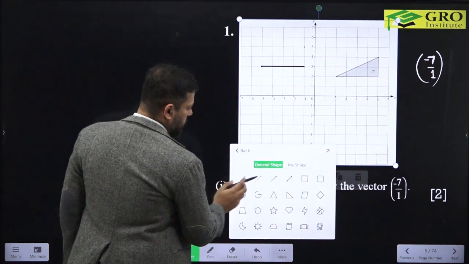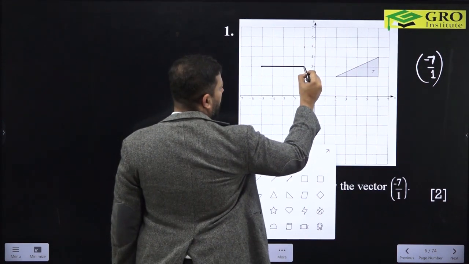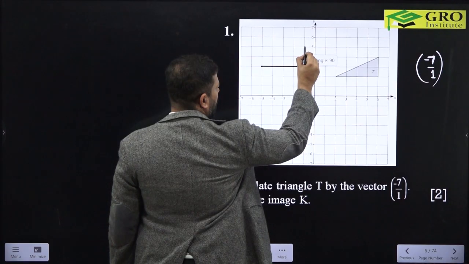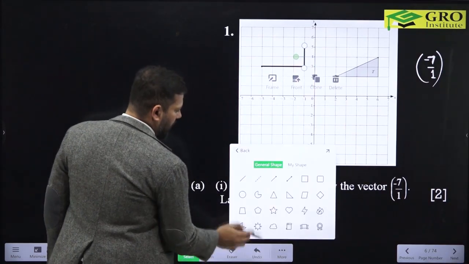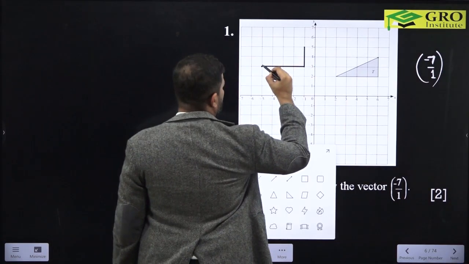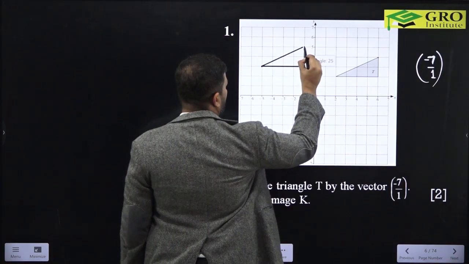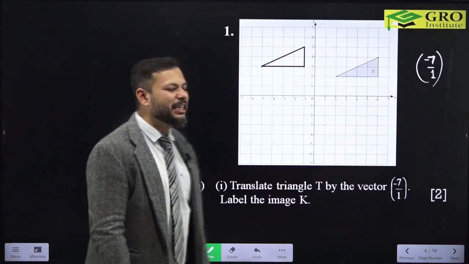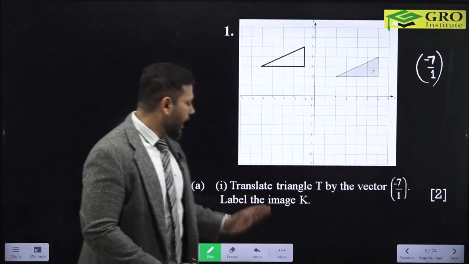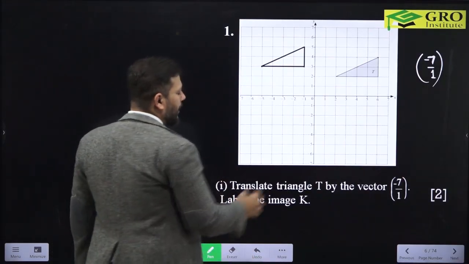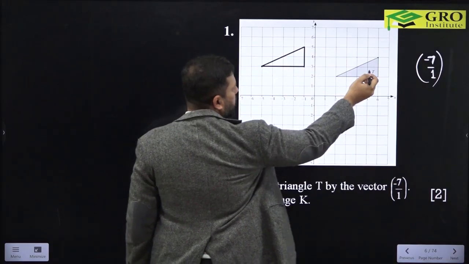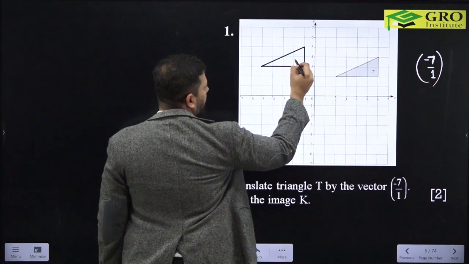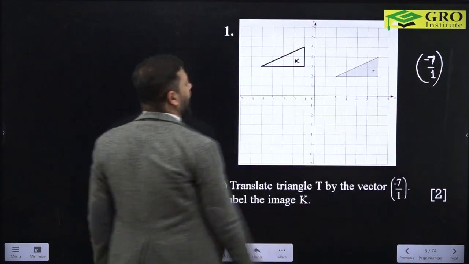Again, this is the base of the triangle followed by this perpendicular and then we will have the hypotenuse. Isn't it? This is our required translated triangle. And how do we label it? We are labeling the image. This is the image. This is the object. And once it has been translated, this becomes the image and we will name it as K.